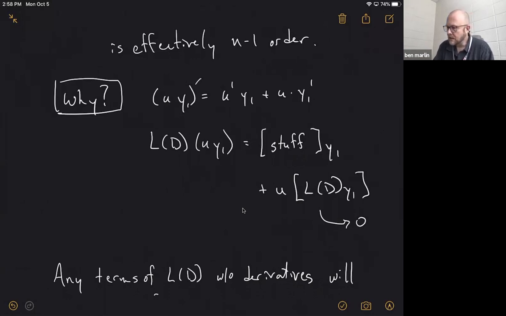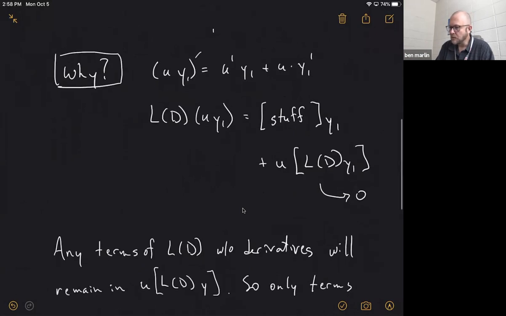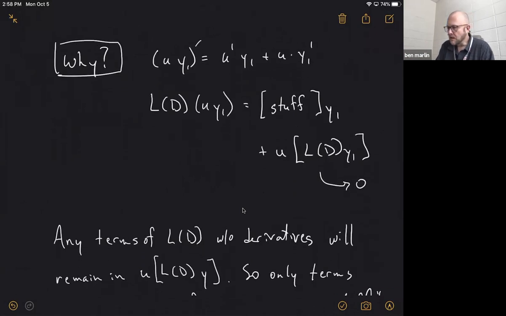But that means that when you apply your linear differential operator, your L of D to the u y1, there's going to be a bunch of stuff come out, but then there will also be stuff here that all matches up to have the L of D times y1, and that part's going to be equal to 0, okay?